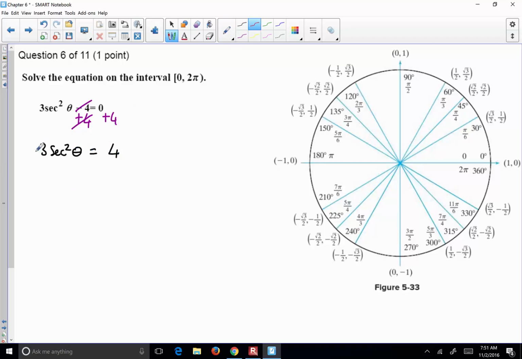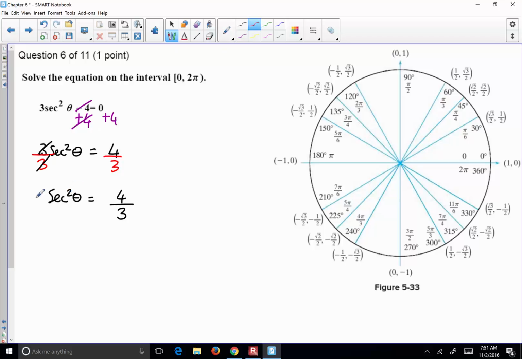Next, I divide both sides by 3 and get secant squared theta as 4/3. Well, still secant is not alone. It has not been isolated, right? So what shall we do? How do you get rid of that square?